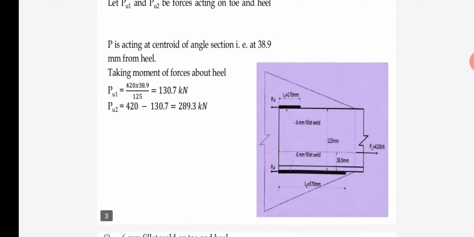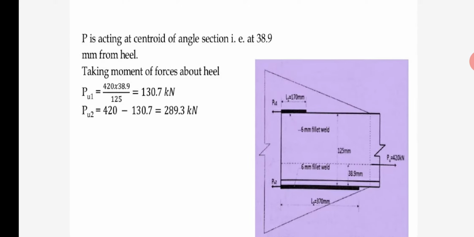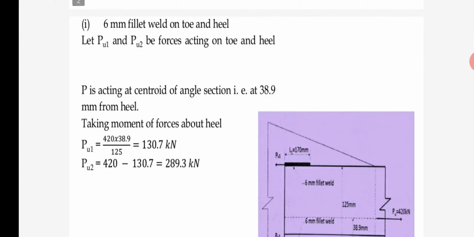It means we provide the weld at toe and heel. So two forces are acting according to the figure. PU1 and PU2 are the forces acting on the toe and heel respectively.